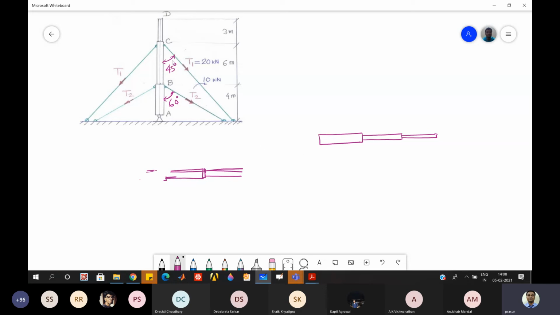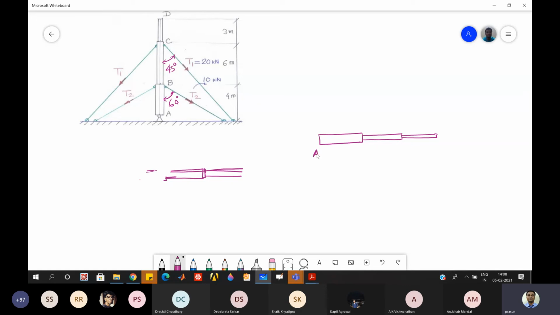The transverse component will not contribute anything to the axial force diagram, so we'll not show it. Transverse means perpendicular to the axial direction.